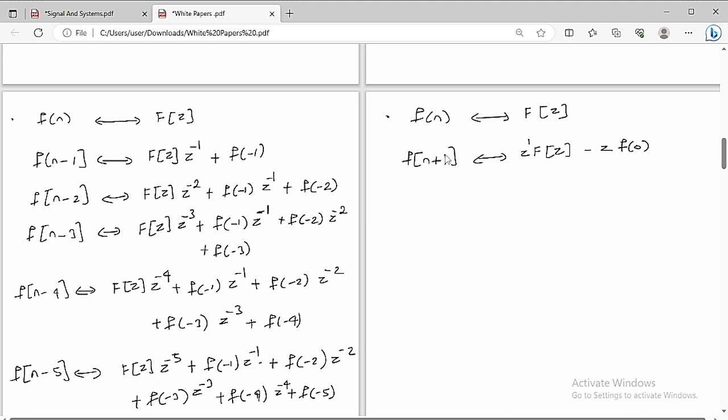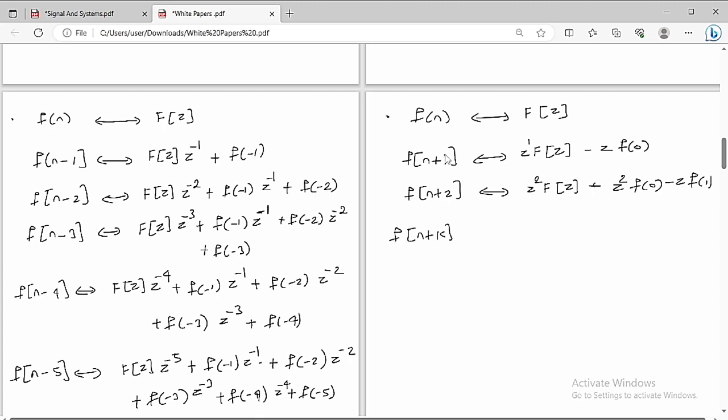So f of n plus 2 is nothing but the unilateral Z transform z square into F of z minus z square into f of 0, small f of 0, not capital, minus z into f of 1.